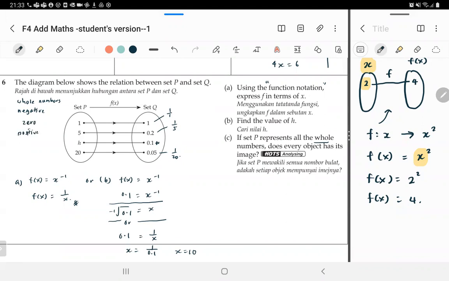That means the question is asking if 1 over a negative number, 1 over 0, and 1 over a positive number, will all of these numbers have an image? Zero counts as a whole number as well.